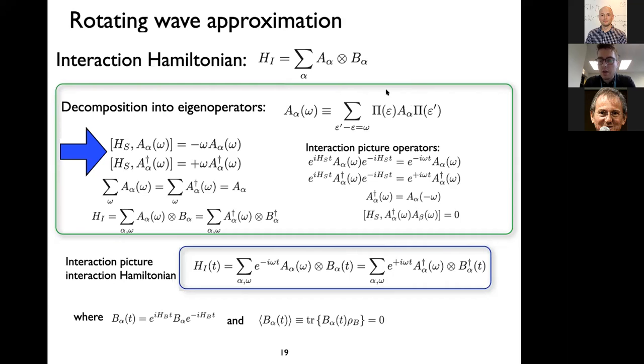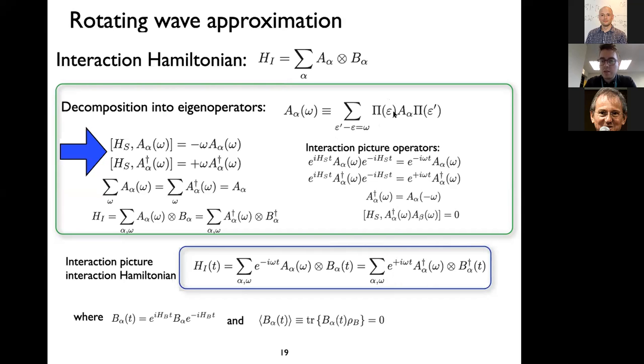So just to clarify this definition a bit, what we assume to introduce these eigenoperators is that the Hamiltonian of our open system, H S, has a discrete spectrum, in that this Hamiltonian represents an open system with a discrete number of energy levels whose eigenenergies are labeled by this epsilon.